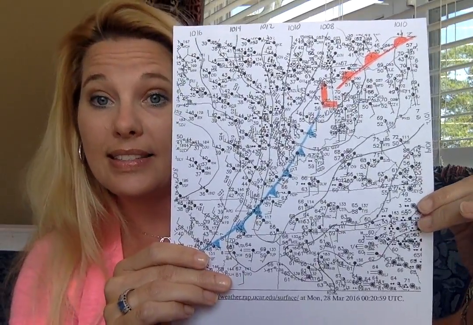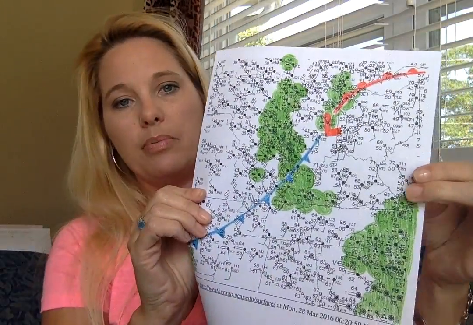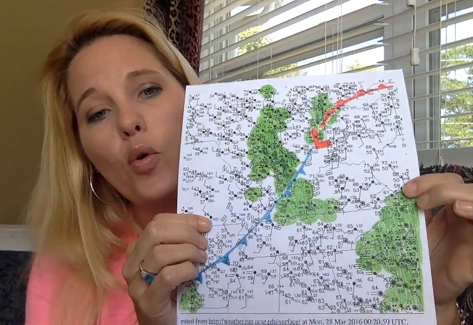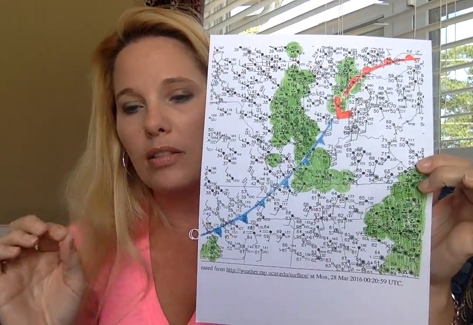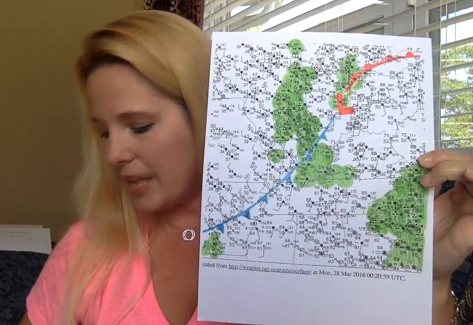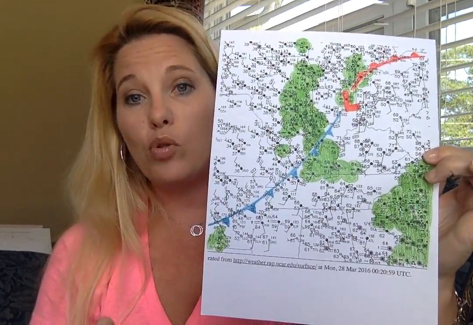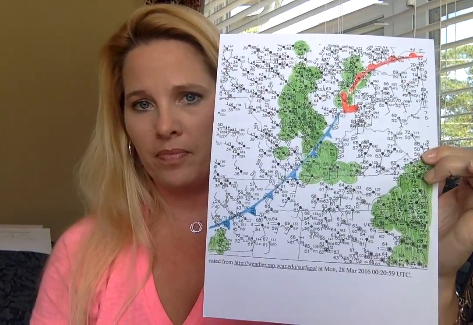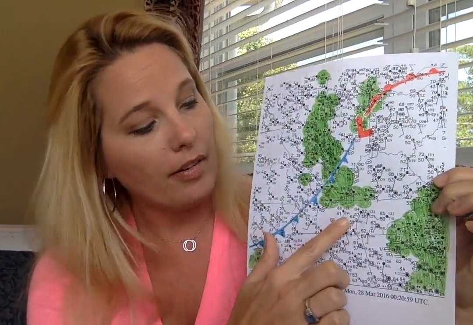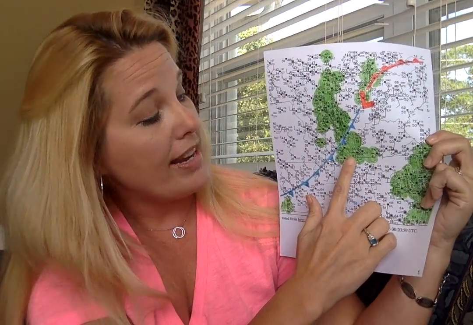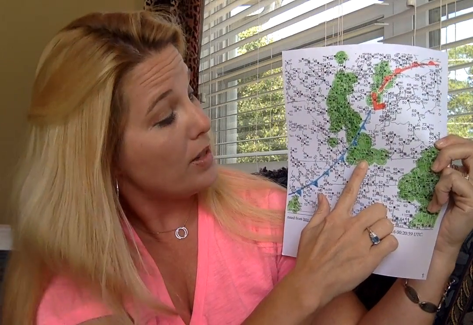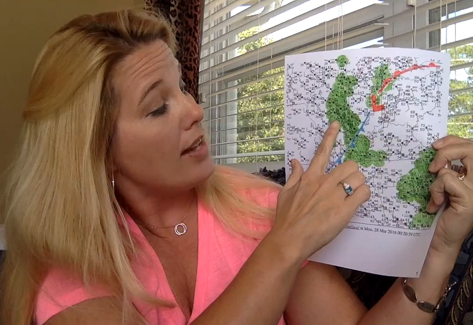Now there's one last step to do in our surface analysis, and that is to locate precipitation. That's where our green colored pencil comes into play. So, do you remember the little symbols like on our example METAR? We had a thunderstorm symbol. Well, some more symbols that you're going to see frequently are dots. Right here in this location, there's 2 dots on this one. 2 dots, 3 dots.